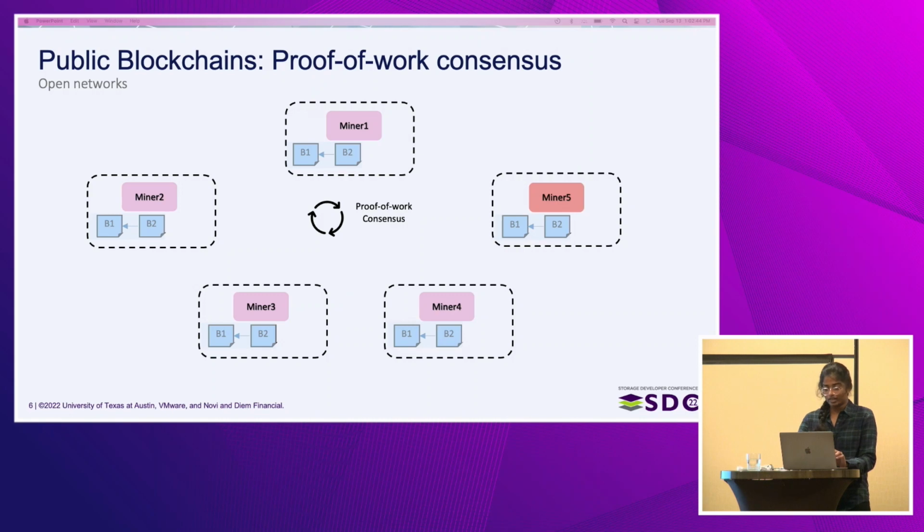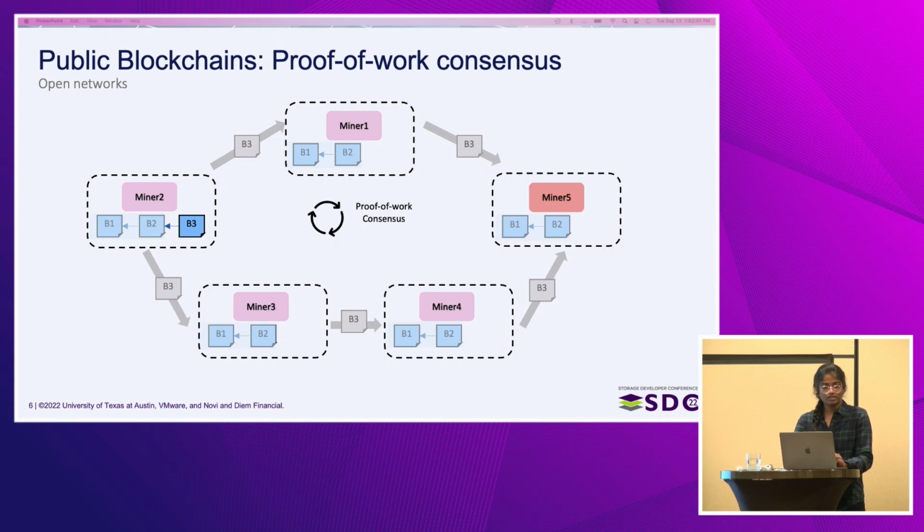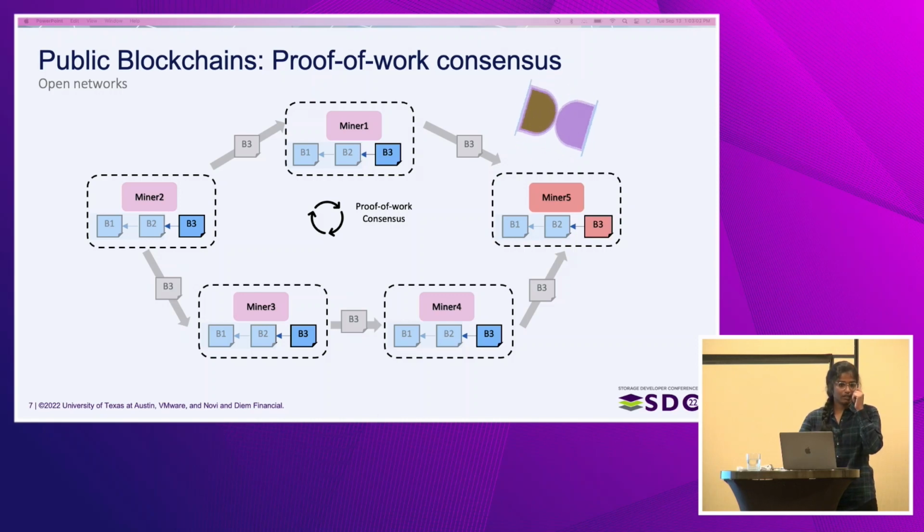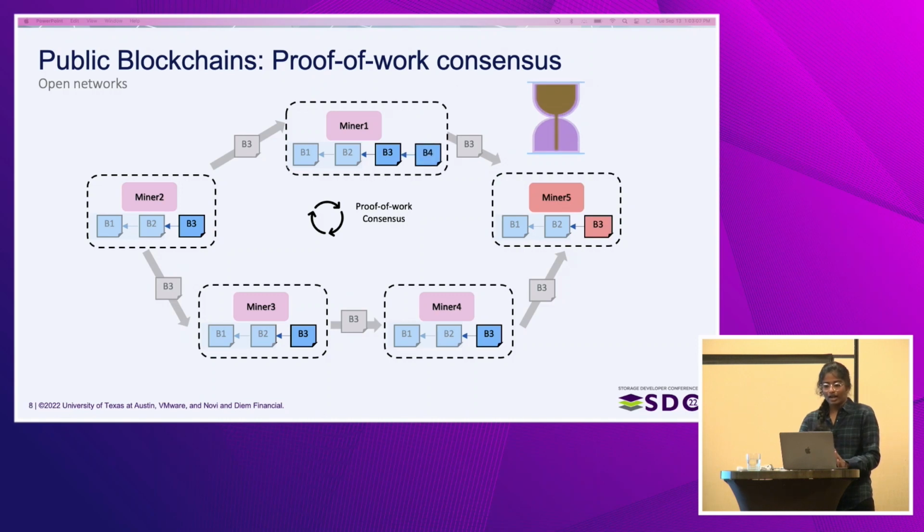Once a miner creates a new block, it sends the block to other miners. Other miners first receive the block, verify the validity of the block, then process the transactions, and finally accept or reject the block. Only after most of the miners accept or reject a block, proof of work allows the creation of the next block.